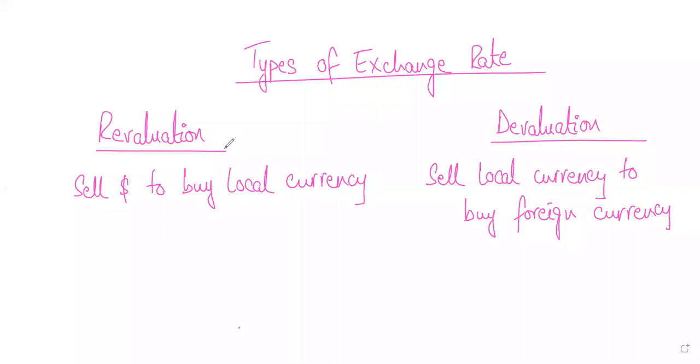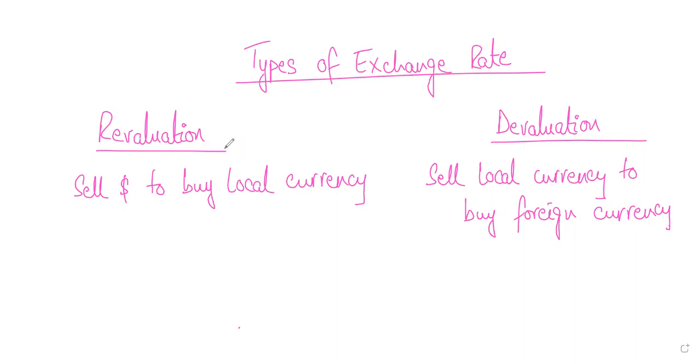Okay, think about this. Let's make it even simpler. If you are trying to bring your value back up again, that is revaluation. And if you are trying to decrease your value of the exchange rate from the current level, then that is devaluation.